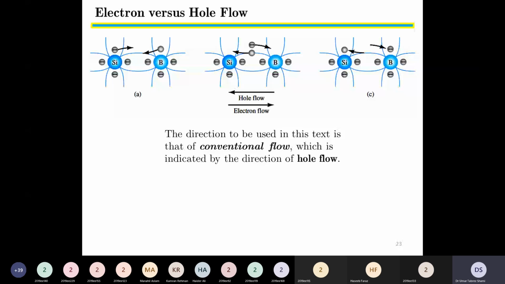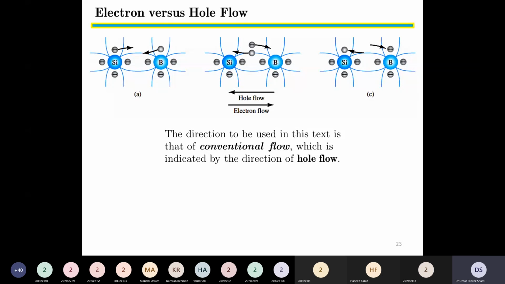Physically, we have electrons flowing from negative potential to positive potential. So actually we have electron flow, but traditionally we follow the convention and assume that the flow of current is due to positive charge. This only introduces a change in direction. Otherwise, all of the magnitudes remain the same.